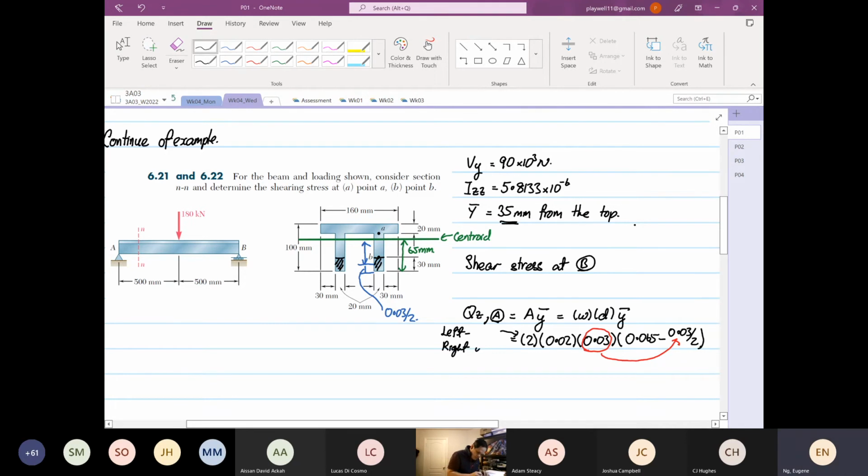Just to let you recall, this is usually known as a flange, and this is usually known as a web. So your first moment of area is equal to (0.065 minus 0.03 divided by 2) times 0.03 times 0.02 times 2, which is equal to 60 times 10 to the power minus 6.